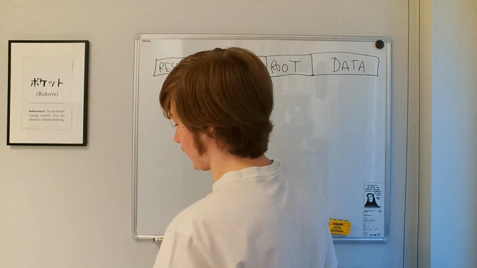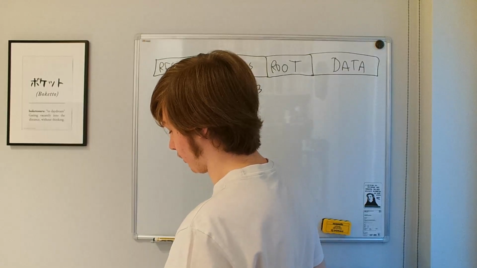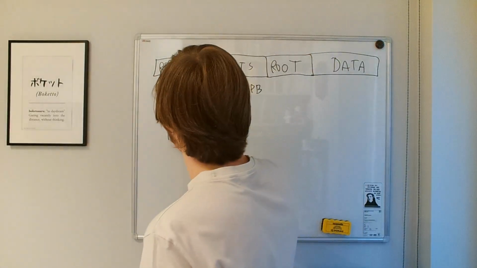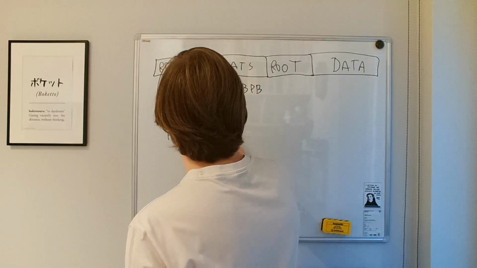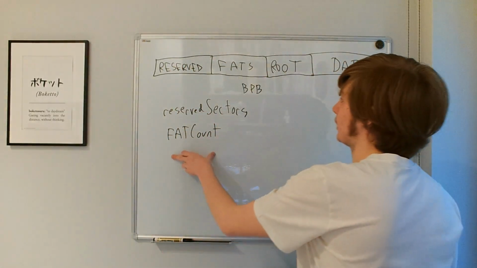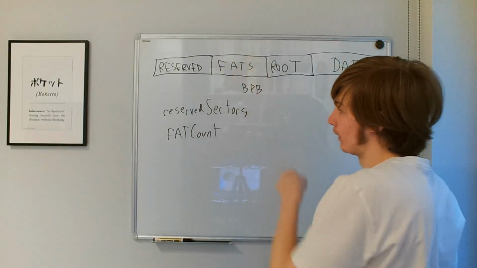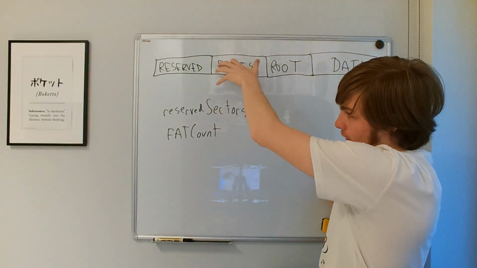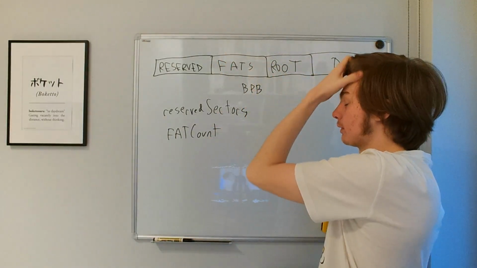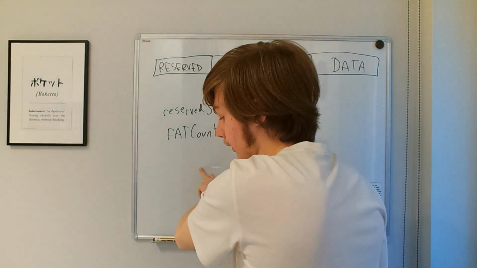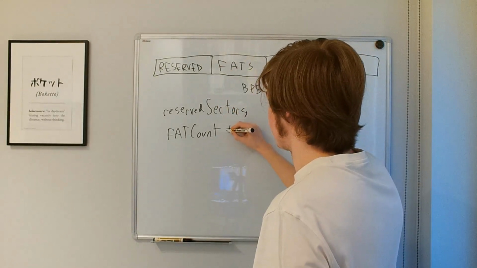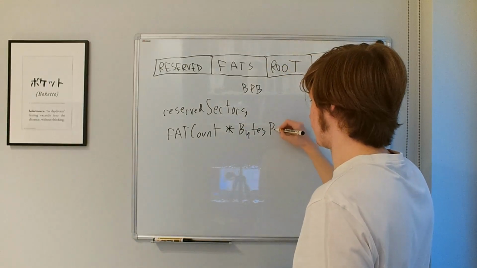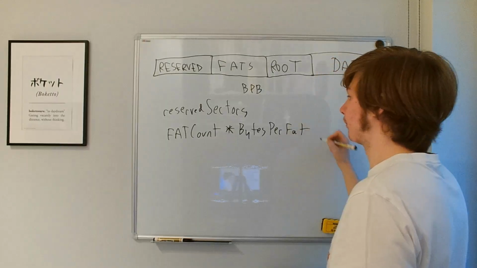And also in the BIOS parameter block, you'll have a field called the FAT count. This is going to tell you how many file allocation tables you actually have in the FATs region. So over here, where you have the file allocation tables, this will tell you how many there are. And another important piece of information is sectors per FAT. I apologize, I initially said bytes per FAT, but I think it's sectors per FAT.